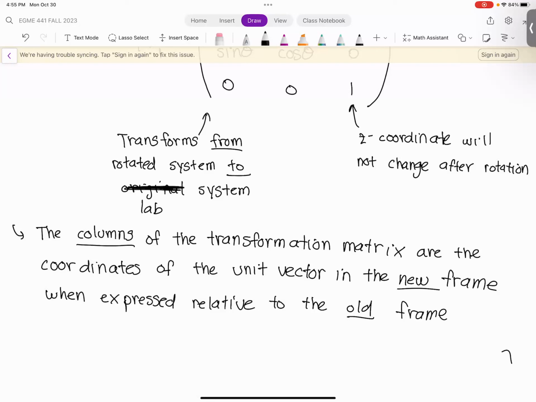You can use this definition to determine where the negative is going to be. The cosine terms are always going to be in the same spot, so we have a cosine theta on the diagonals all the time. And you're going to have a sine theta on the off diagonals all the time as well. The only question is, where do you put the negative sign?